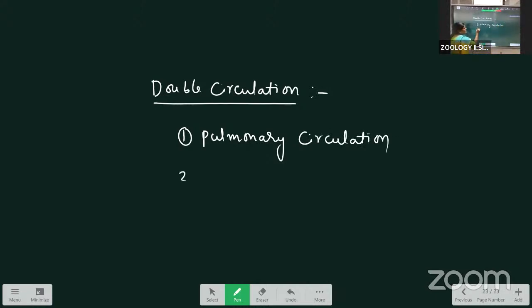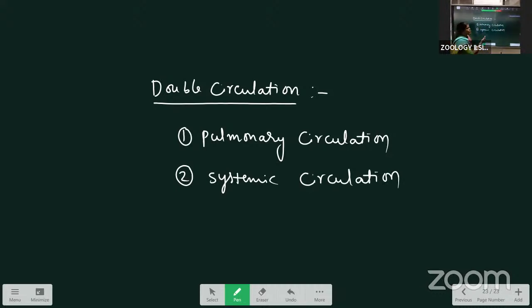Second is called systemic circulation. Deoxygenated blood goes out through the pulmonary arch, that we call pulmonary circulation. Through the aorta, oxygenated blood comes out through the systemic arch, that we call systemic circulation.